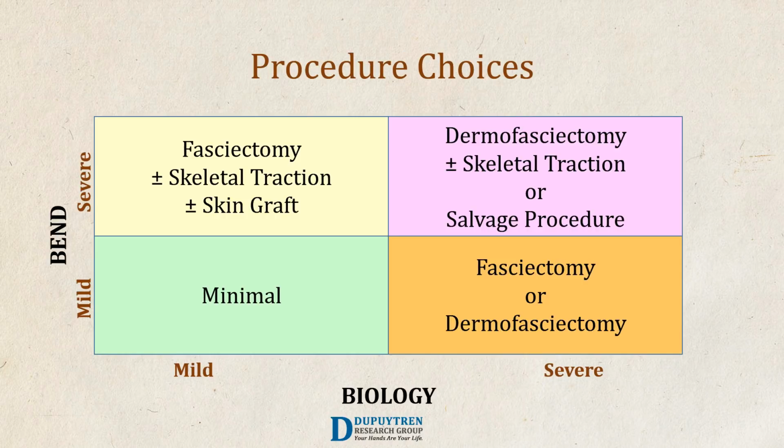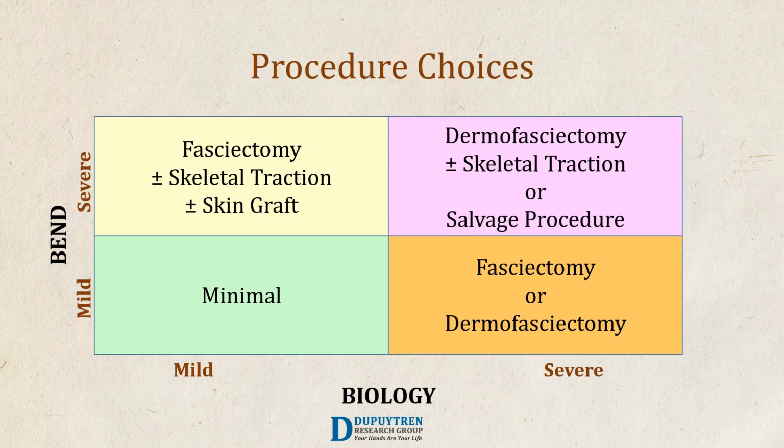Physicians make a decision about what type of procedure they're going to recommend based on how bent the finger is and what their soft estimate is on how biologically aggressive the individual's Dupuytren disease is. And this ranges from minimally invasive to fasciectomy with some technical variations to try to get the finger straighter, to more aggressive procedures.